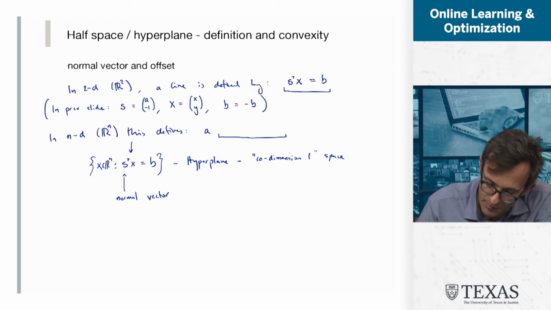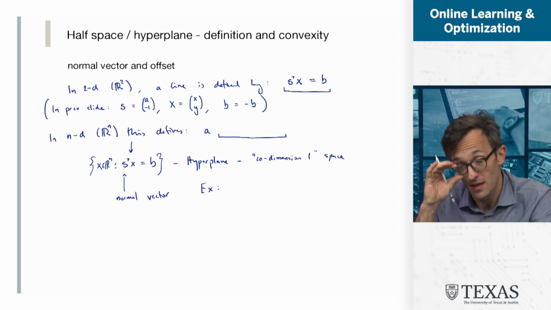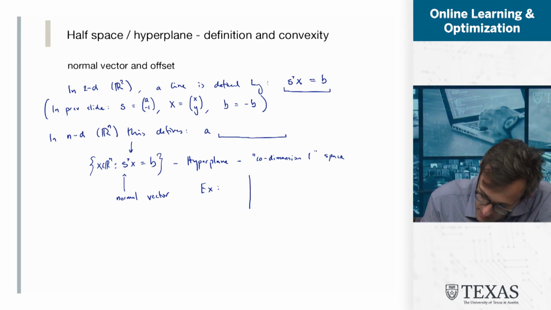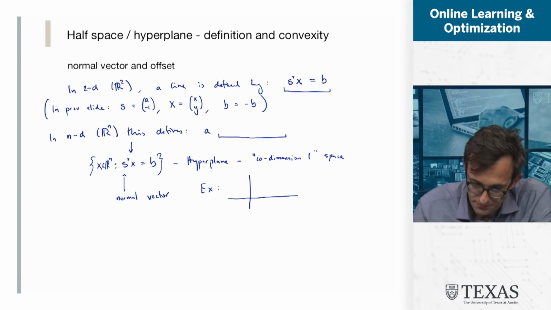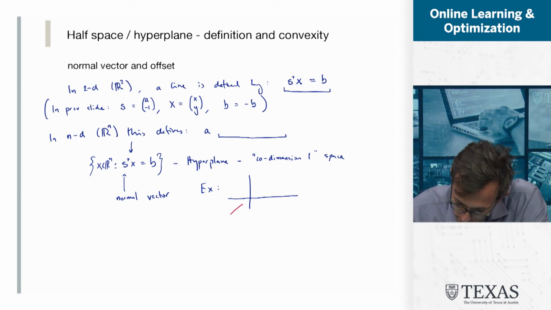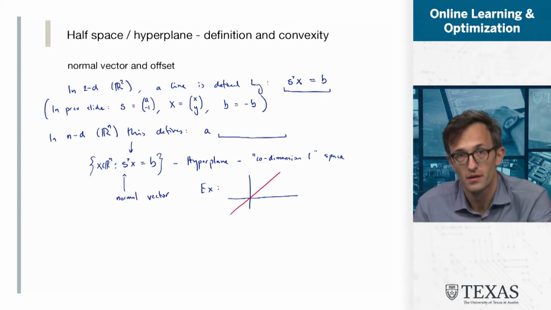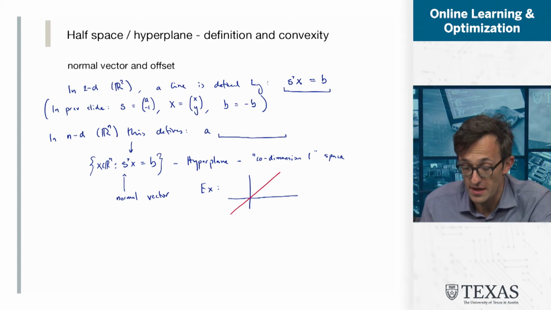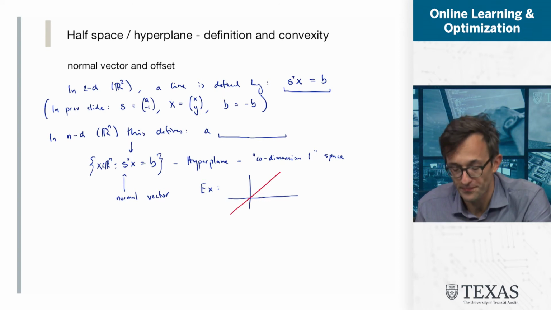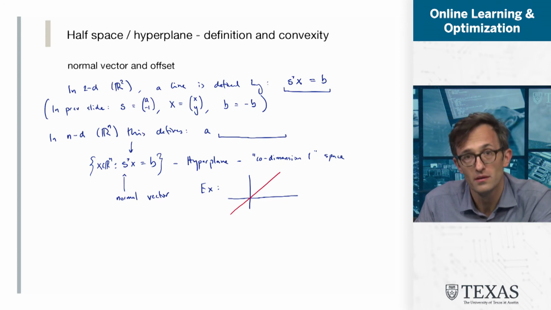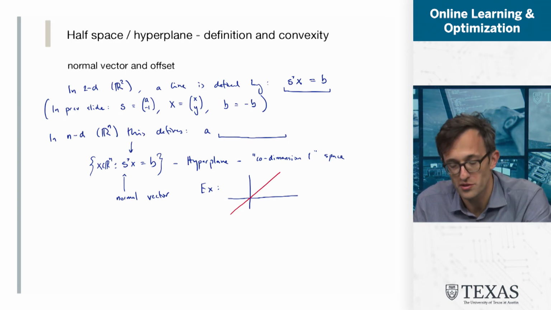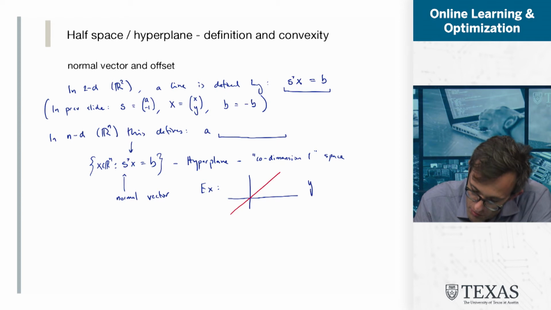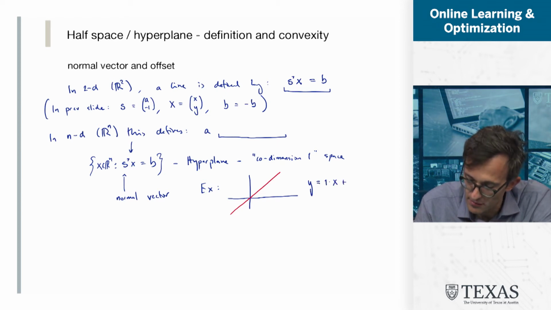So let me give you an example back in 2 dimensions where we can visualize things and we can draw things. Let's take the easiest line, the 45-degree line through the origin. So what is this line? How would we define this line? Well, the slope is 1, and the intercept is 0. So if I were to use my point-intercept form, I would have the equation y is equal to 1 times x plus 0.